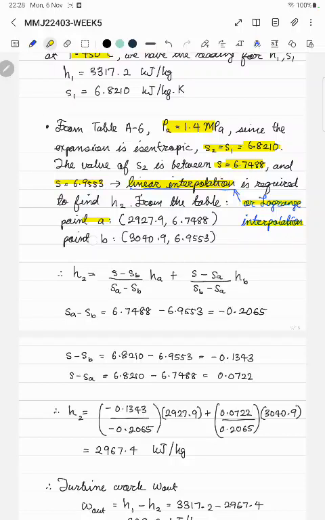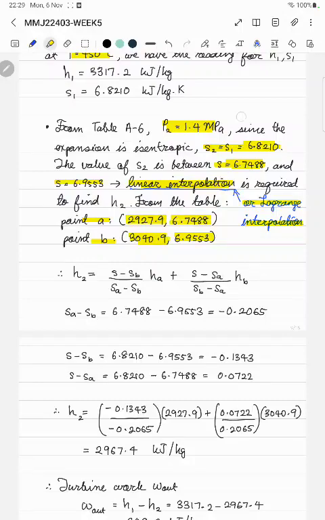So we have point A and point B, and the values are given, for example, from table A6: SA to be 6.7488 and SB to be 6.9553, and the readings for the enthalpy are 2927.9 kilojoule per kilogram and 3040.9 kilojoule per kilogram.